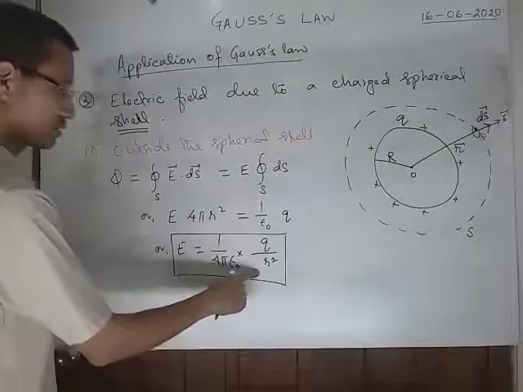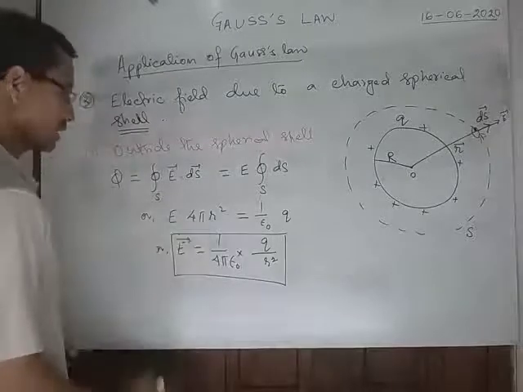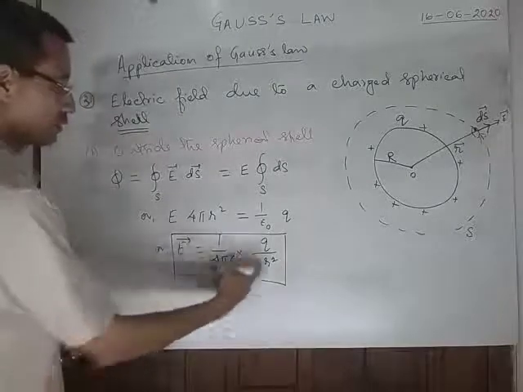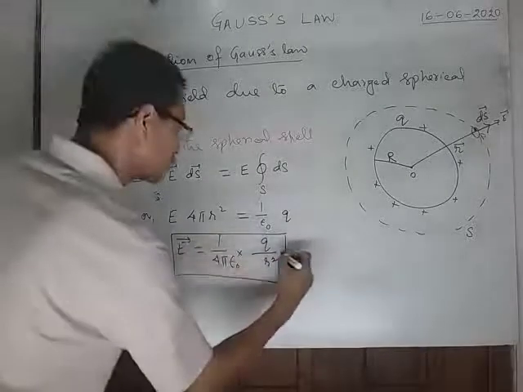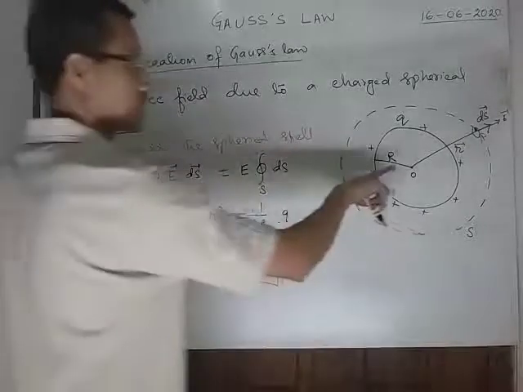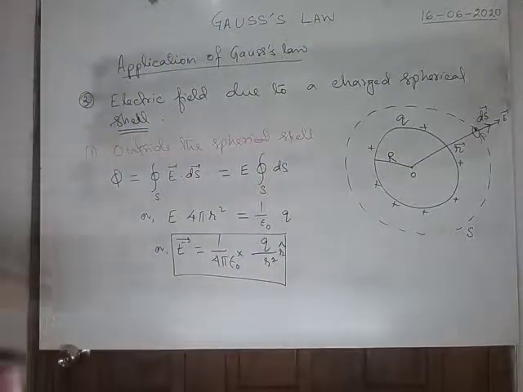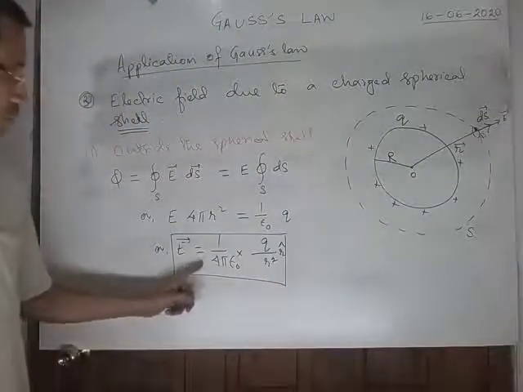And if you want to write it in vector form, then the E vector will be equal to this magnitude, and you need to put one r cap here. R cap is the unit vector along the direction of the r vector. That's all.